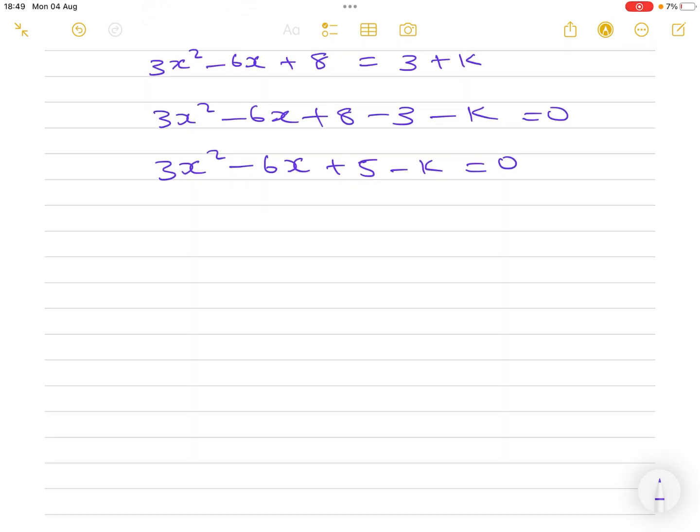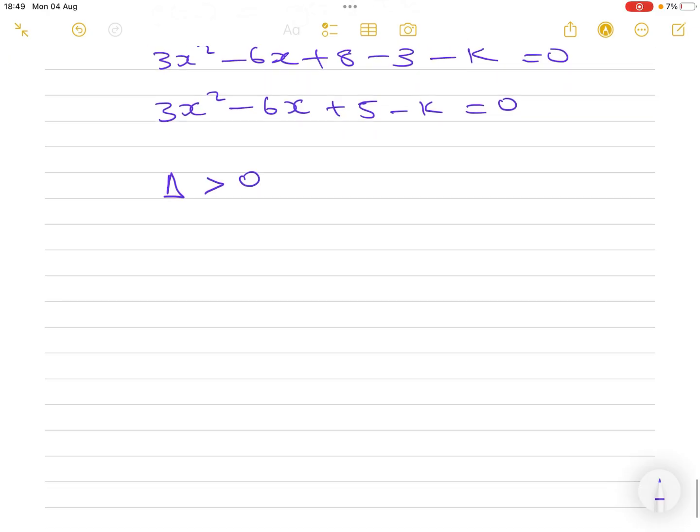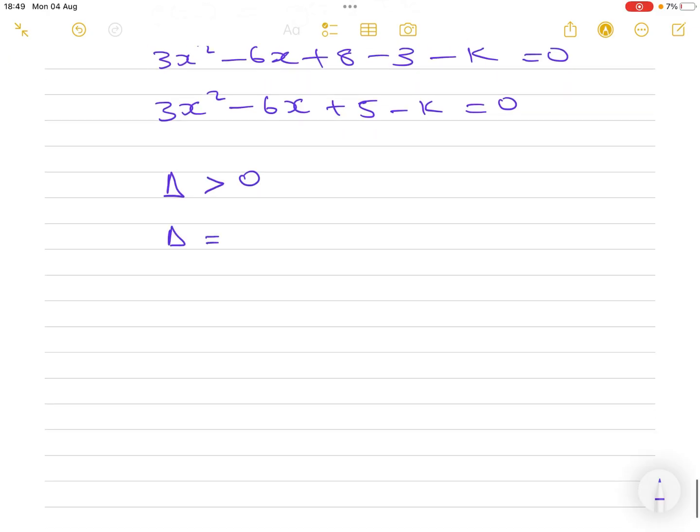From here, I use the properties of the nature of roots. They say the roots have to be unequal, meaning my discriminant has to be greater than 0. The discriminant is b squared minus 4ac, which has to be greater than 0. Here a is equal to 3, b is equal to minus 6, and c is the constant, 5 minus k.